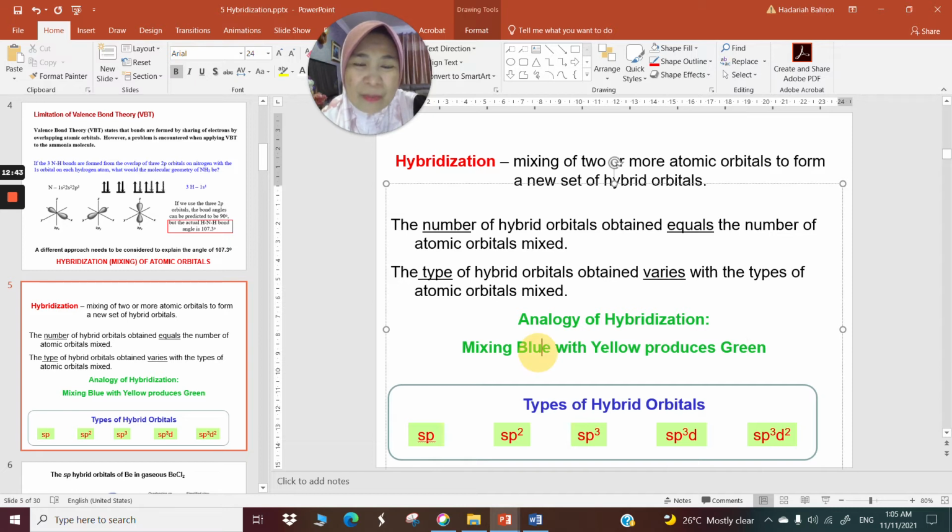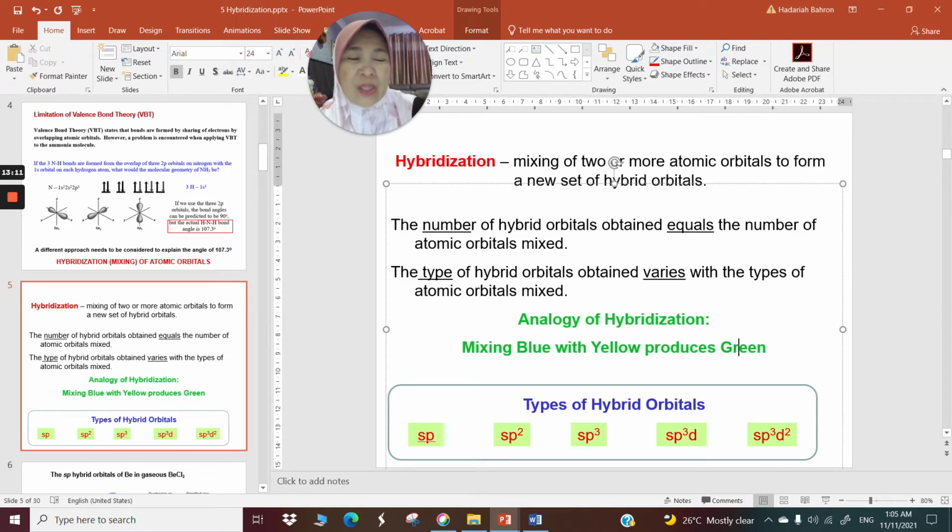So you are mixing the primary color blue with the primary color yellow, and you're going to get a derived color, green. So what will you get when you mix, for example, blue with red? You don't get green, you're going to get purple. So similar with this hybridization of atomic orbitals.